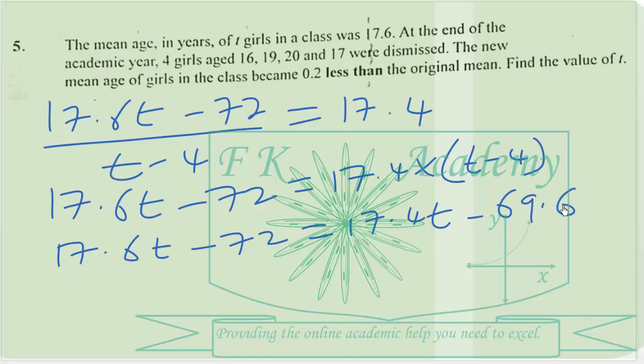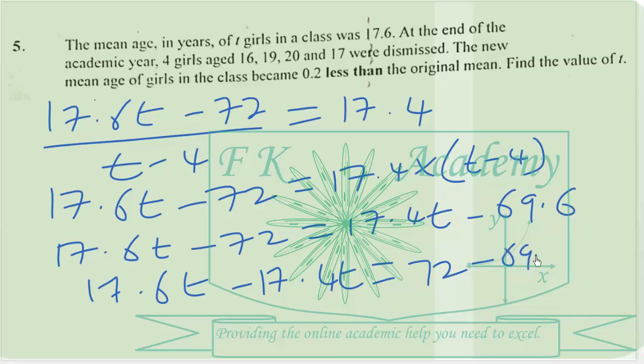So we group like terms. We have 17.6t minus 17.4t is equal to 72 minus 69.6. So 17.6 minus 17.4, we can see that will give us 0.2t.